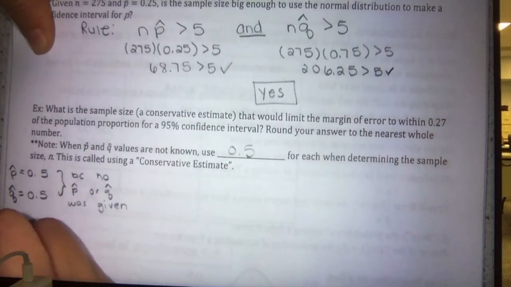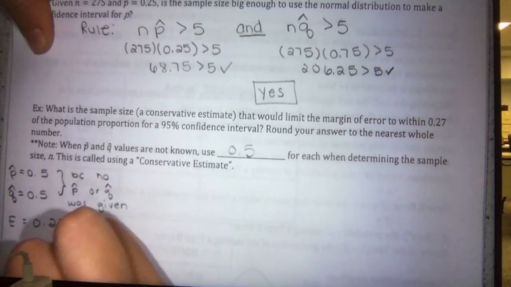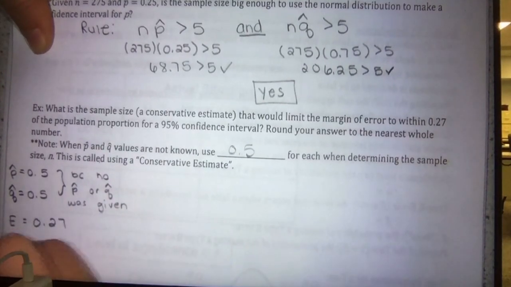They told us our margin of error was 0.27, and they told us we had a 95% confidence level.